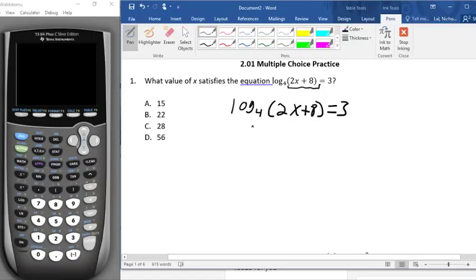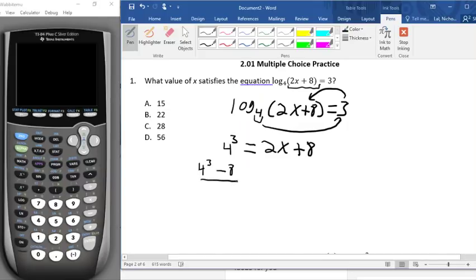Swoosh the logarithm. So 4 to the third power, swoosh across the equal sign, is equal to 2x plus 8. And so then I can say that 4 to the third minus 8, divided by 2, is equal to x.